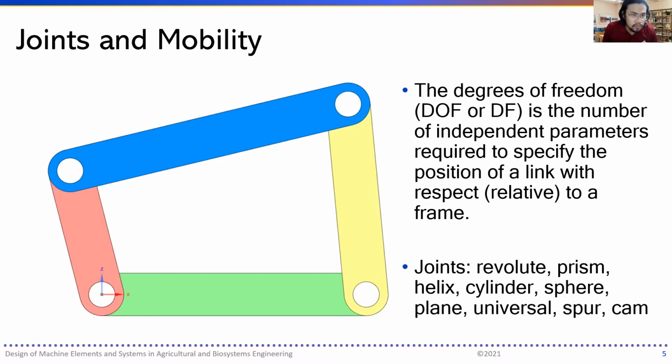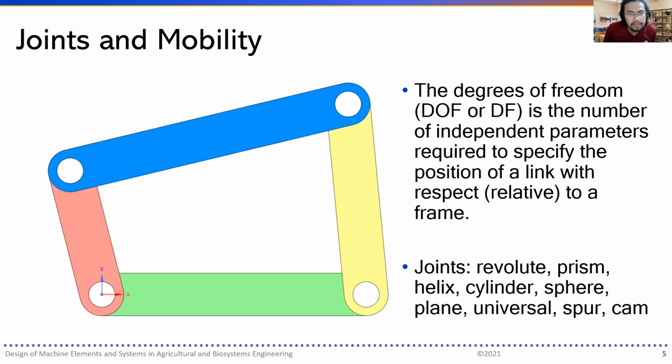For example, at this point, it's constrained to only rotation, while this one moves and rotates along a plane, and then moves along X and Y as well.